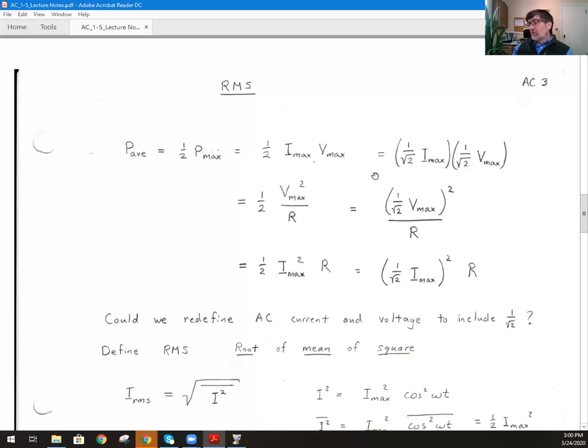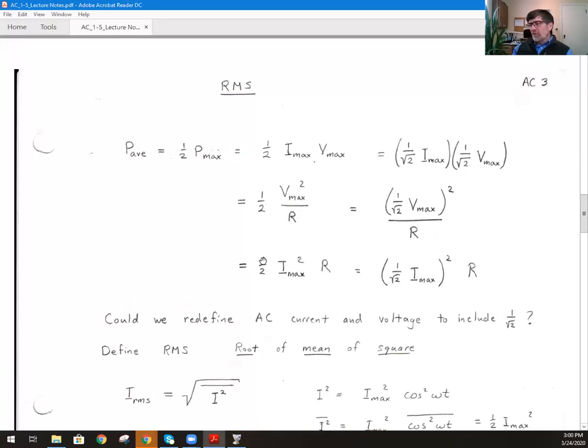You could also do this with the other formulas that we have for power. It can also be written as V squared over R, but you've got this factor of 1/2. But if you wanted to, you could put that under the square here. And so say it's 1 over the square root of 2, which you then square, you'd get the same thing.